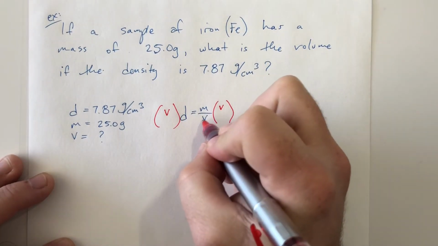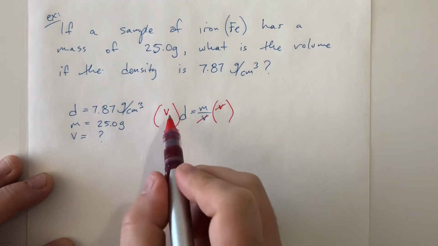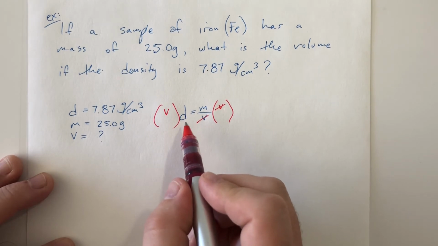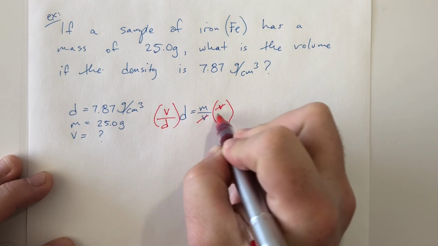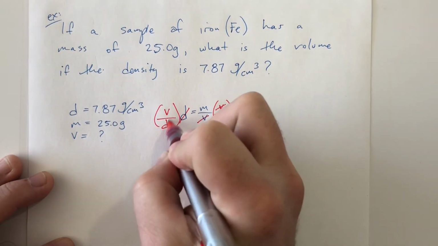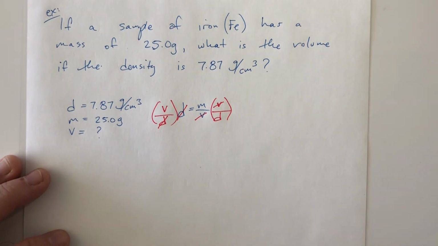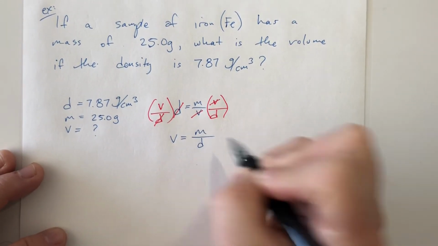I'm doing this because this is in the bottom and this is on the top, so they cancel out. Now on this side, I have volume times density, and I need density to go away because I need volume all by itself. This is on the top, so I'm going to divide. If I divide density by density, it goes away. So what we're left with is that volume equals mass over density.